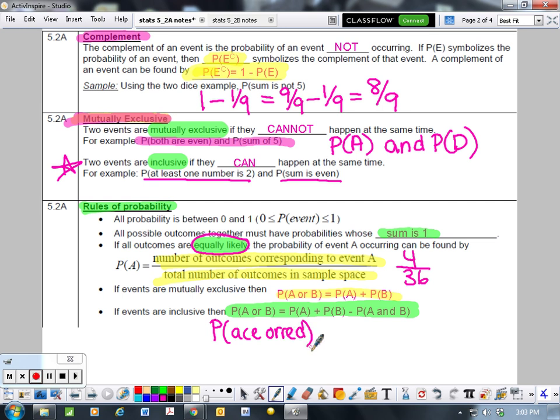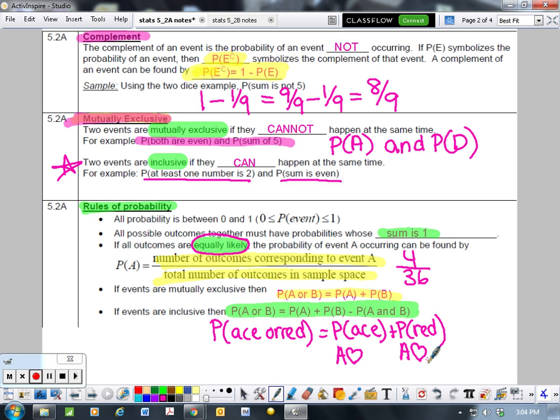Because a card can be an ace and it can be red, I can't just add the probability of ace and the probability of red. Because I've got cards that are being counted twice, like the ace of hearts and the ace of diamonds. The ace of hearts is being counted here, but it's also being counted here. And I can't count the card twice because it's really just one card.